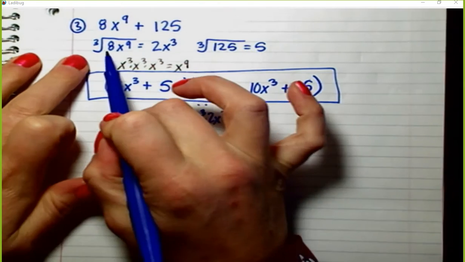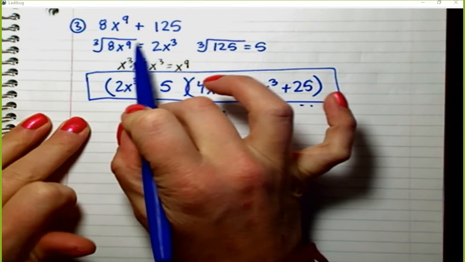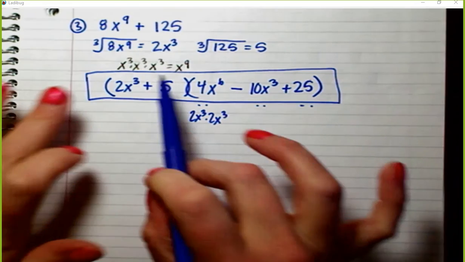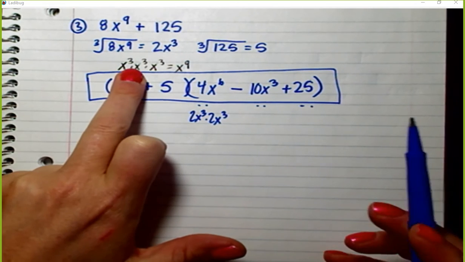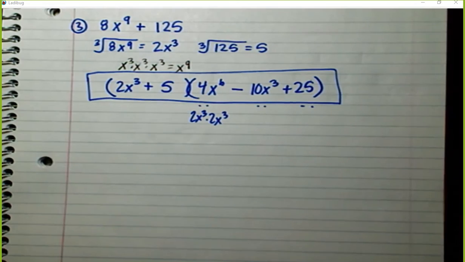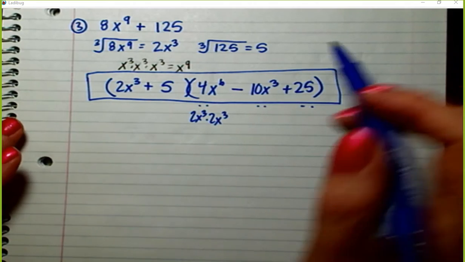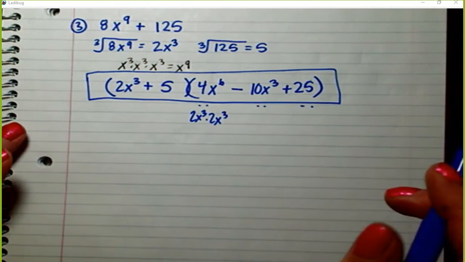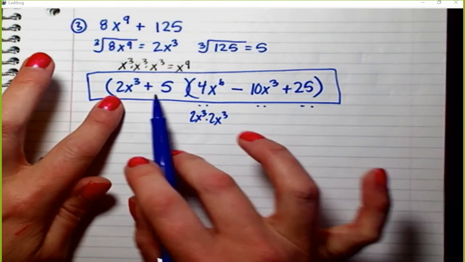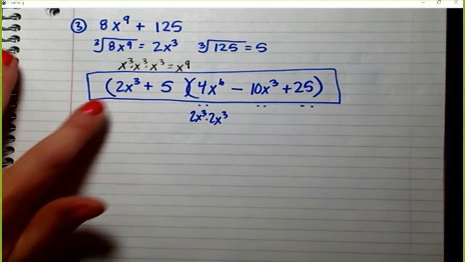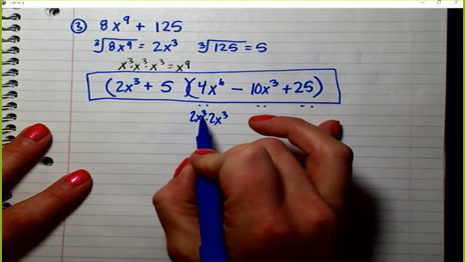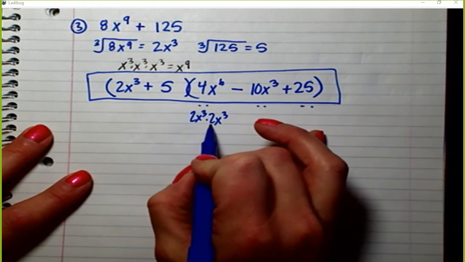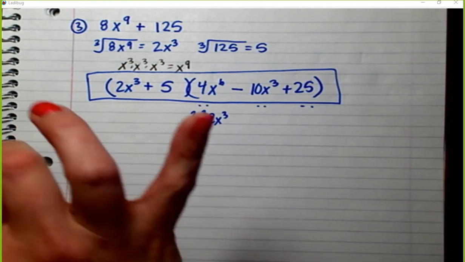Okay, so we got the cube roots. Now notice with the higher exponents that I checked: x cubed times x cubed times x cubed is x to the 9th, all right? So that's how I knew that x cubed was the cube root. Once you get the first factor, the second factor comes into place. So 2x cubed times 2x cubed is 4x to the 6th, okay?